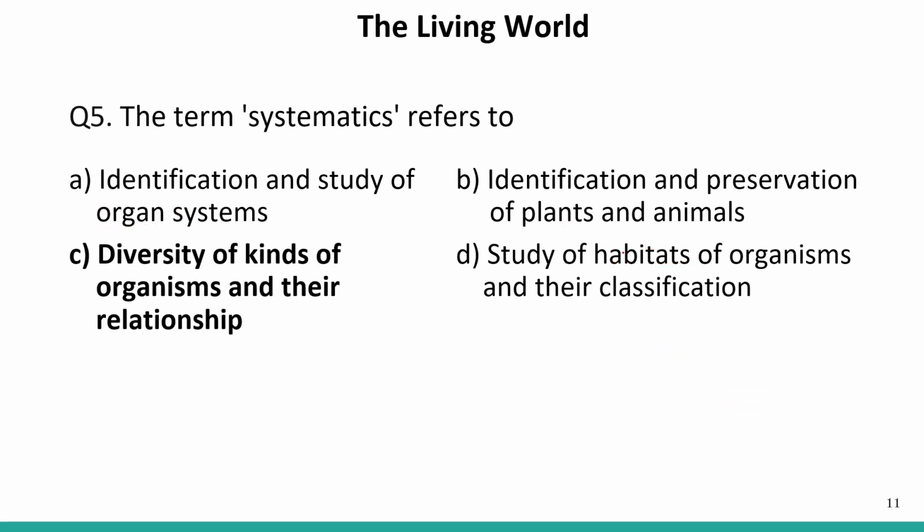Not correct. So what should be the answer here? Option C is the correct answer. Diversity of kinds of organisms and their relationship. We study the relationship. What kind of relationship? Evolutionary relationship, which is also known as what? Phylogeny.